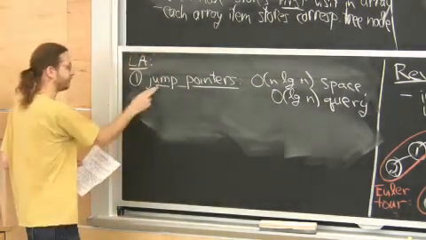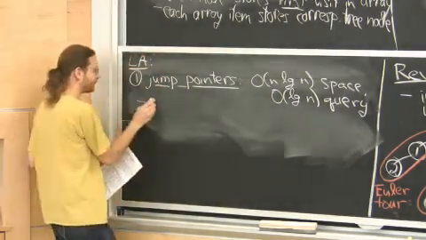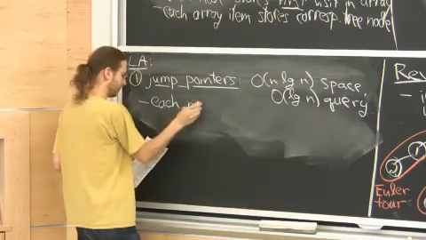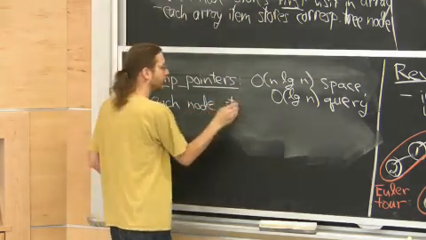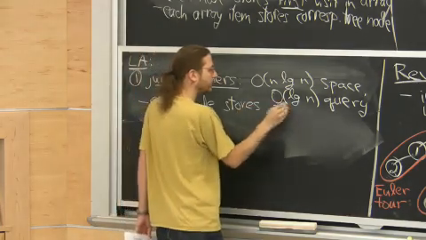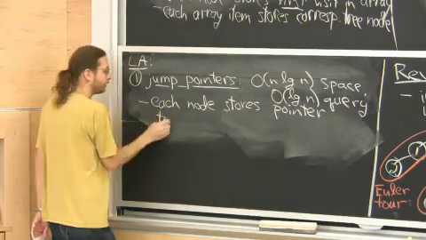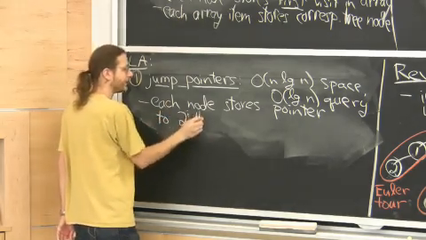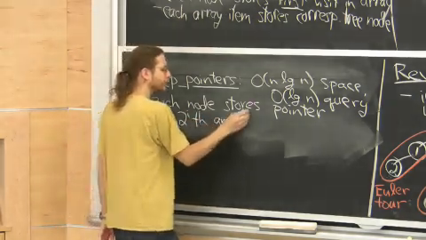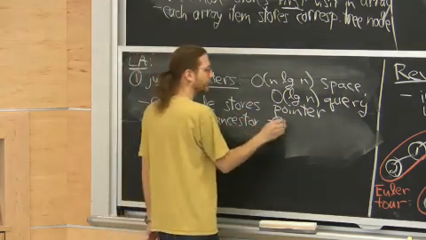So here's a way to do it with a technique called jump pointers. In this case, nodes are going to have log n different pointers, and they're going to point to the 2 to the ith ancestor for all i.